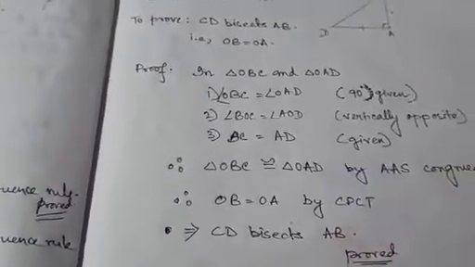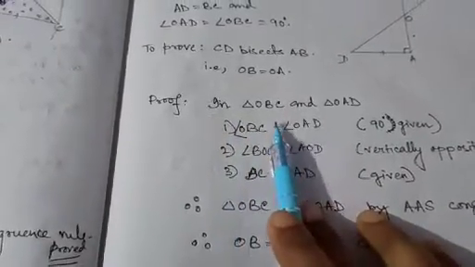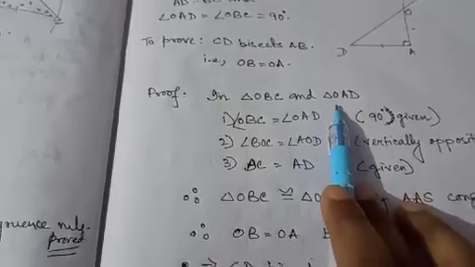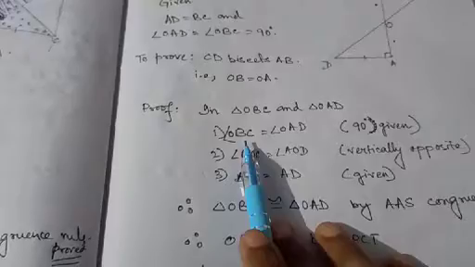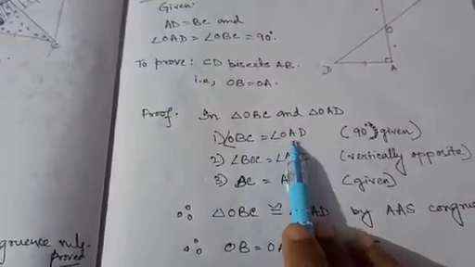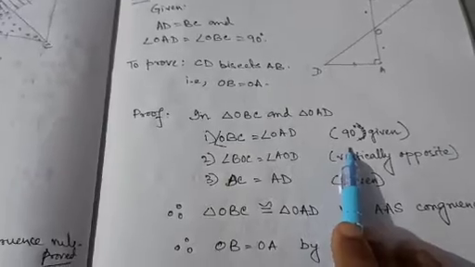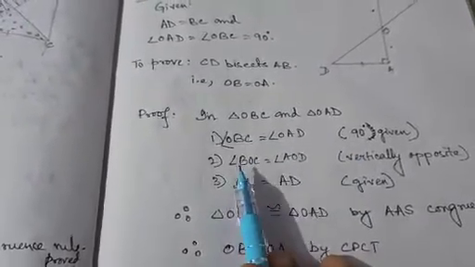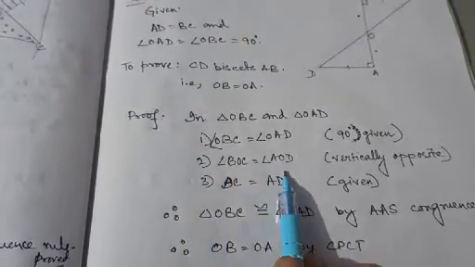So the proof will start with considering the triangles. In triangle OBC and triangle OAD, what are the equals? Angle OBC is equal to angle OAD. Given is 90 degrees. They are 90 degrees. That is provided in the question. Next is angle BOC is equal to AOD.